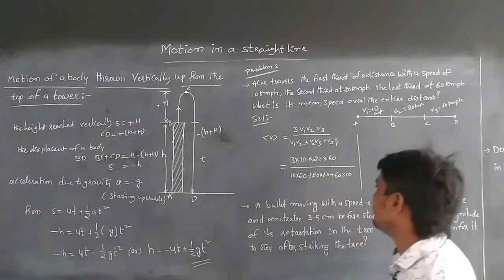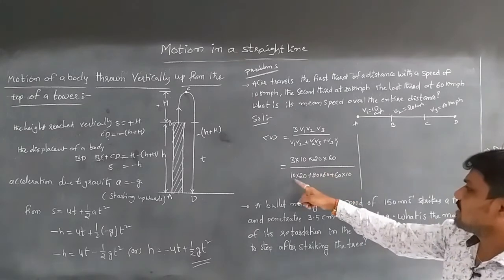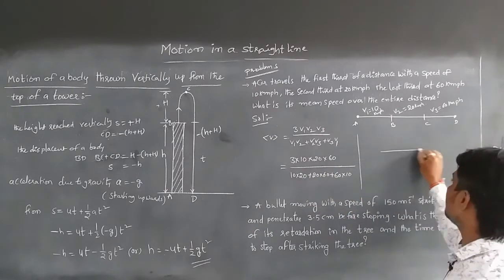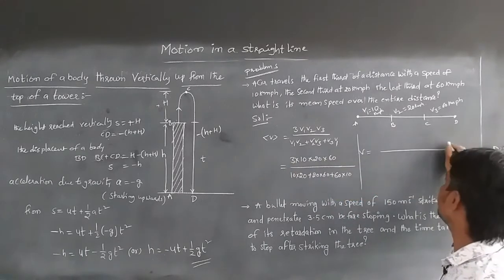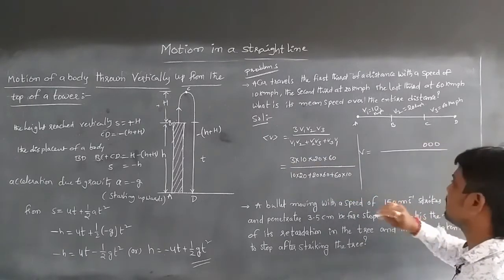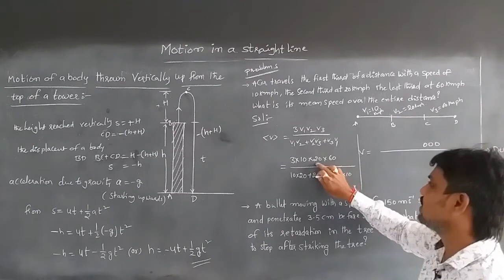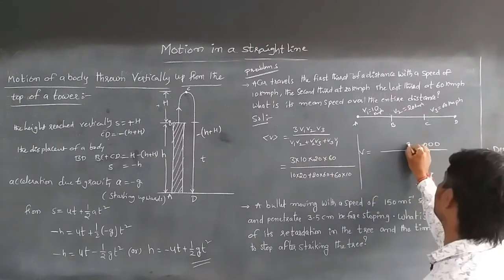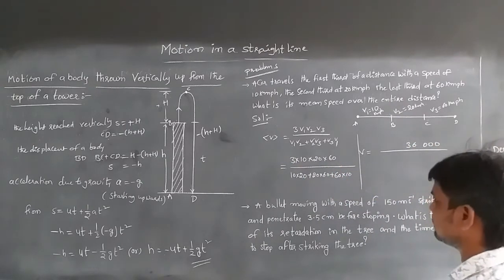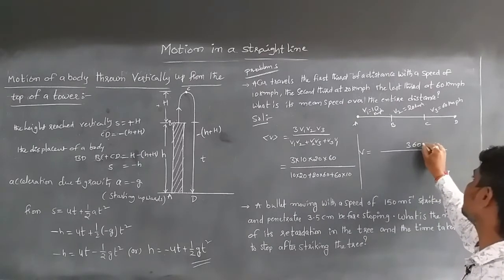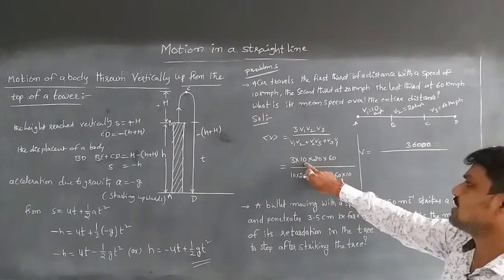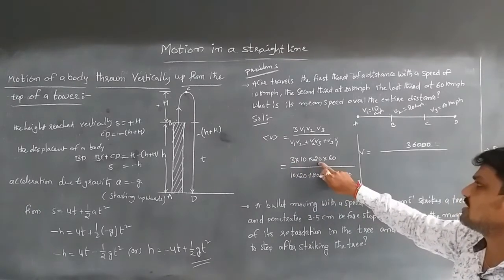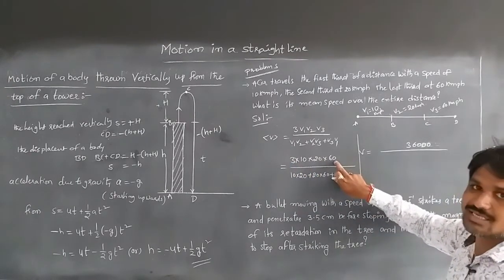So here, 3 zeros, 6 2s are 12, 12 3s are 36, so 36,000. So the numerator 3 into 10 into 20 into 60: 3 10s are 30, 30 20s are 600, 600 into 60 is 36,000.